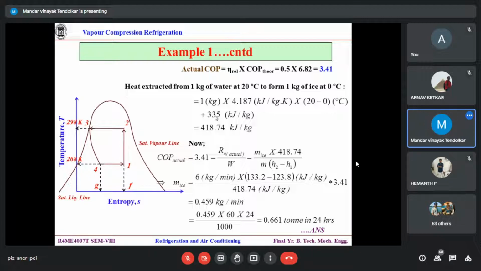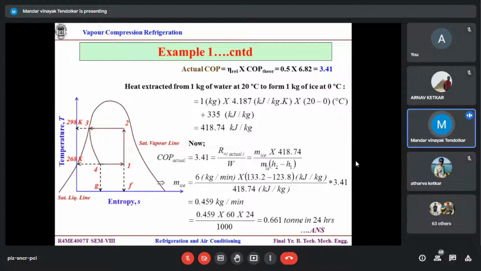Now I know COP actual, which is equal to refrigeration effect divided by the work done. What is the refrigeration effect? That is the mass into this, because this is per kg. So whatever the total mass is, into this, is the total refrigeration effect. And what is the work done?